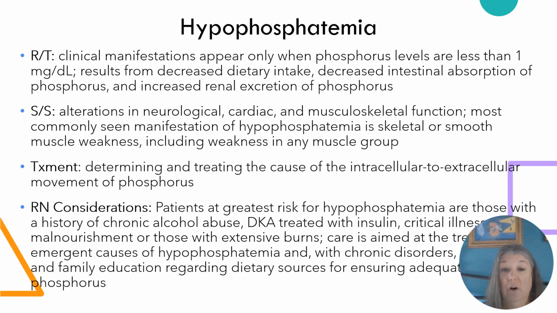As we treat those, which are by far the more important electrolytes to treat, you're going to see the shift in your phosphorus, because the mechanisms of action are going to pull the phosphorus levels along with them as we treat the hypokalemia, hypomagnesemia, and or hypocalcemia.